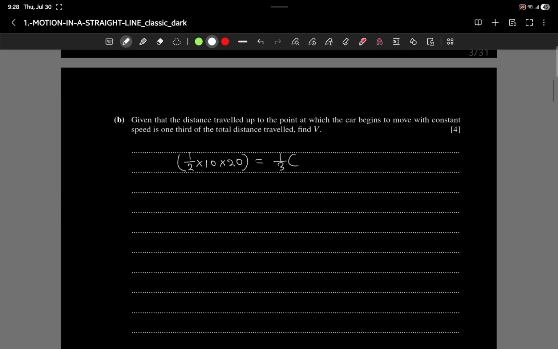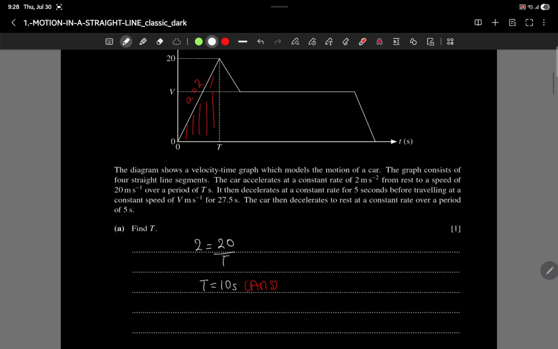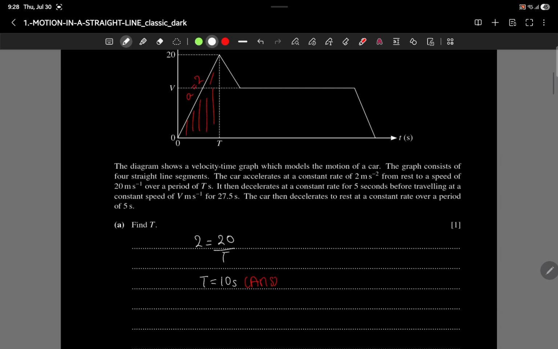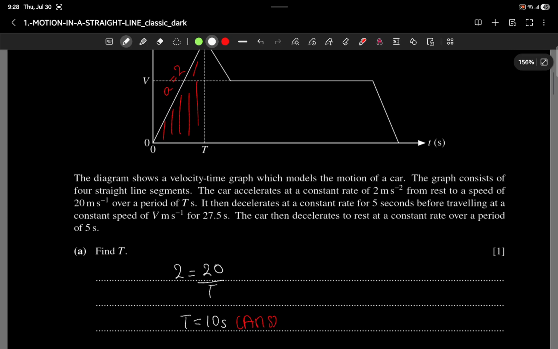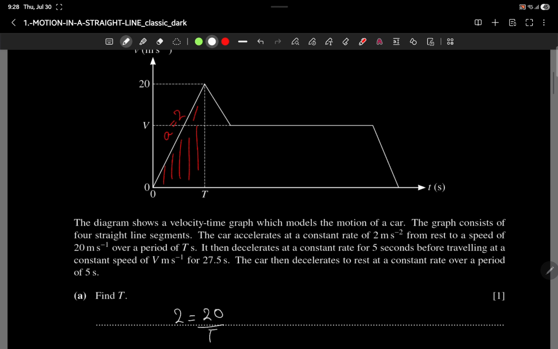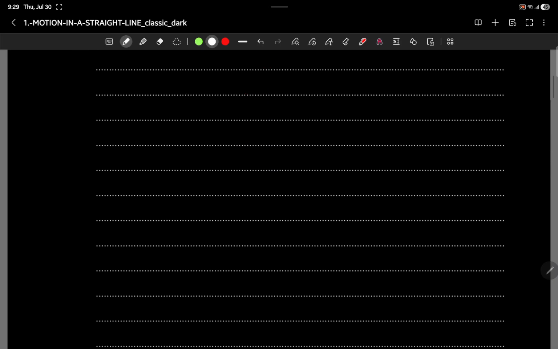So what's the whole area? Which is this triangle plus this part, which is a trapezium, plus this rectangle plus this triangle.